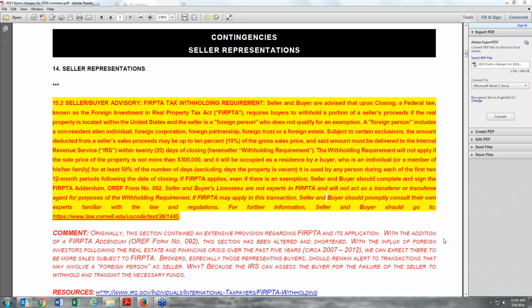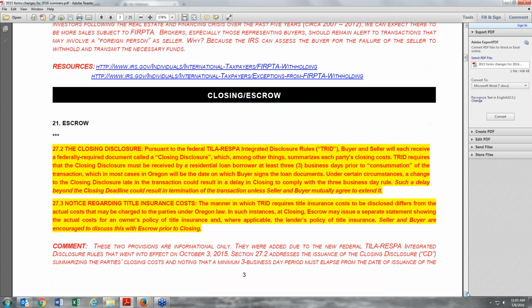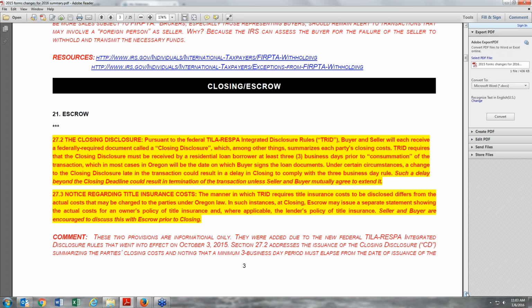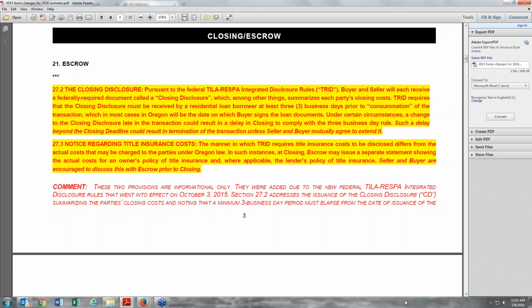Okay, so we're going to move on to escrow, closing, escrow. Again, this is where TRID kicks in. 27.2 refers to the closing disclosure. And the closing disclosure was formerly known as the HUD-1.